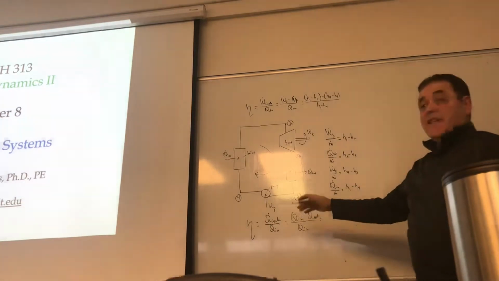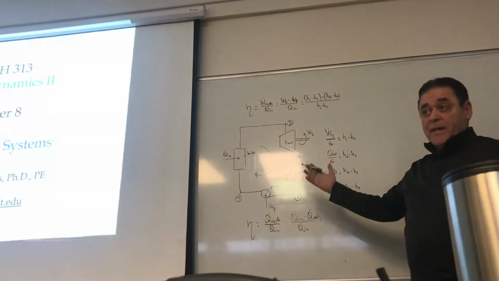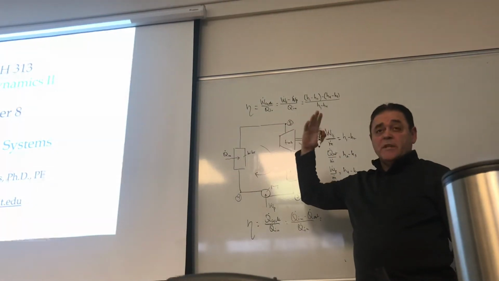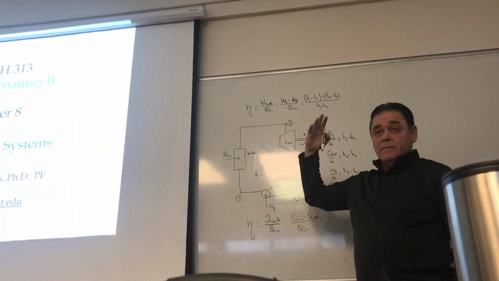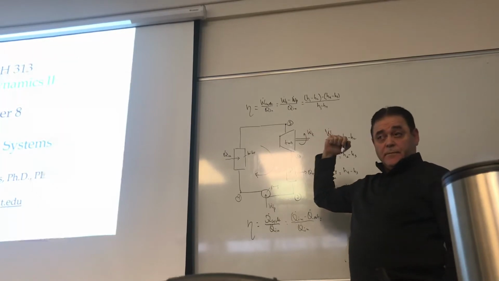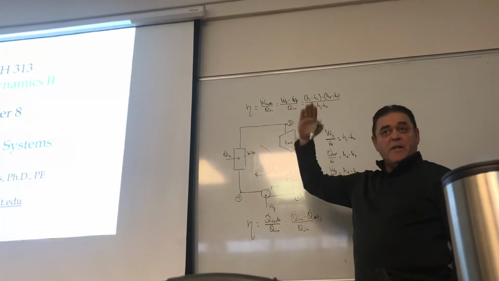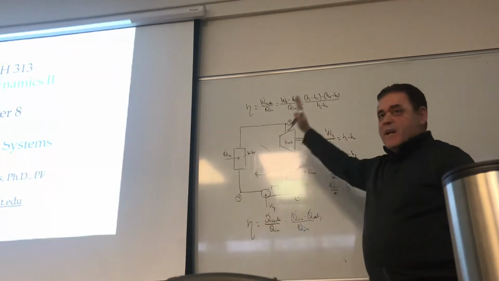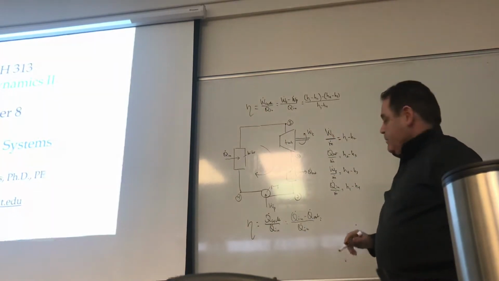So in terms of the H's, because at the end of the day, when you analyze a cycle like this, how many properties do you have to evaluate? 4. H1, H2, H3, H4, okay? Once you get those, you can answer all these questions without any problem.